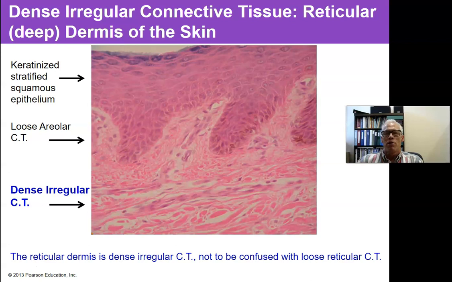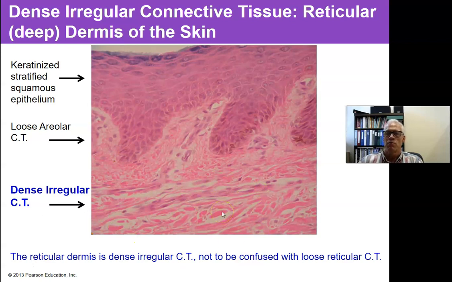And finally, our third type. I forgot about this slide in between here. We have a slide going back to the skin as I promised, showing the keratinized stratified squamous epithelium here, and the areolar connective tissue, which is part of the dermis of the skin. And then, unfortunately, it's cut off.